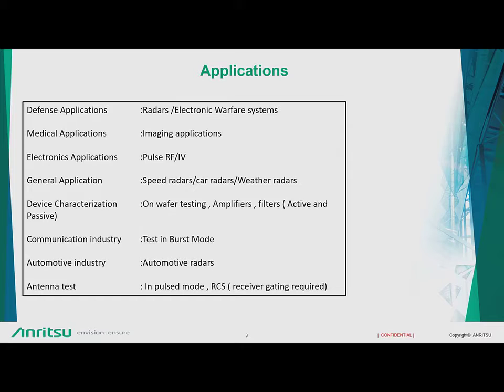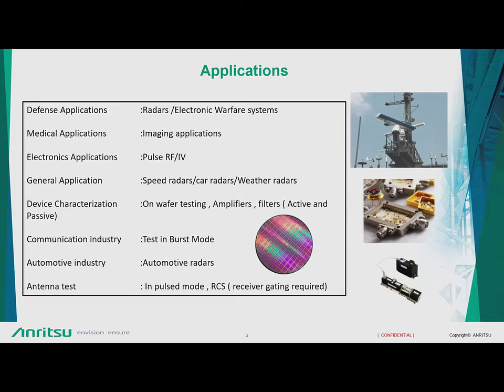For the automotive industry, this is one of the hot topics of today, and automotive radars have taken a huge leap. So even automotive radars are very important for that. And then we do have antenna measurement systems also working under the pulse mode, and of course the radar cross section, wherein the receiver gating is definitely required, is amongst the applications. So you can see the applications are numerous.